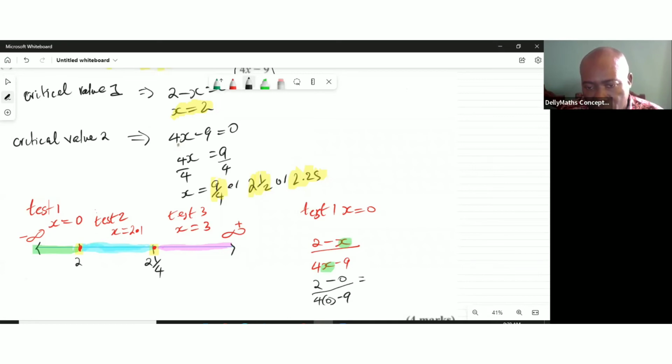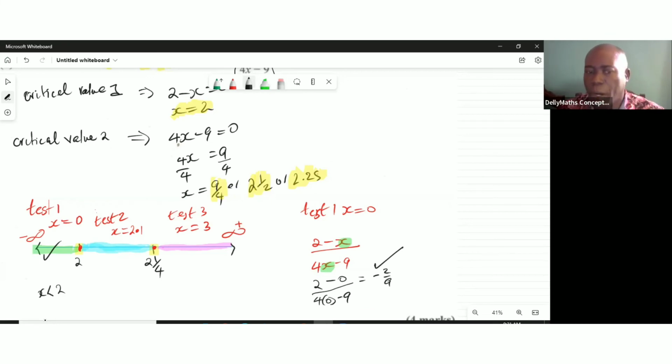This gives me negative 2/9 overall. This is a negative number, which means it's less than 0. That region is good for the math, because it makes the statement true. So I'm giving this a tick, because definitely I'm going to be using numbers where x is less than 2.